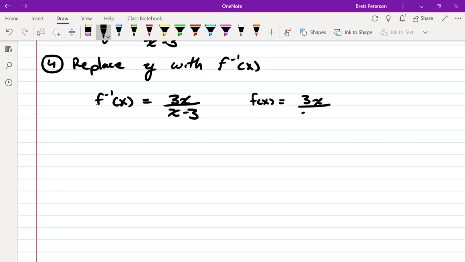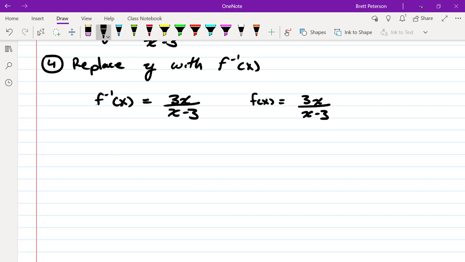And that can happen. It doesn't always happen, so you shouldn't assume that this is going to happen. But it is indeed possible for a function to be its own inverse. So let's take a look at a couple of things before we move on to the next example.